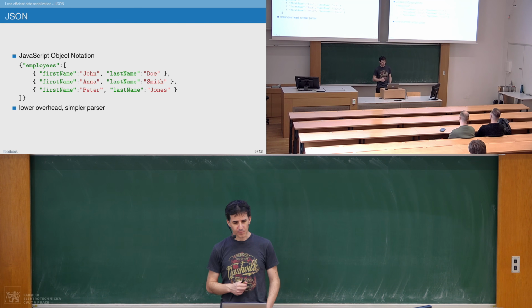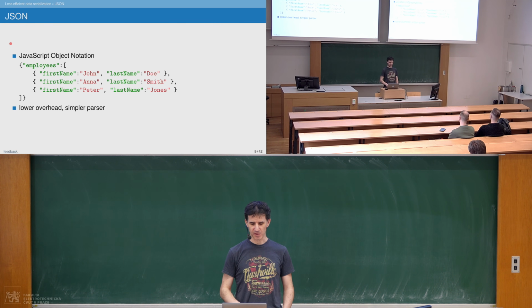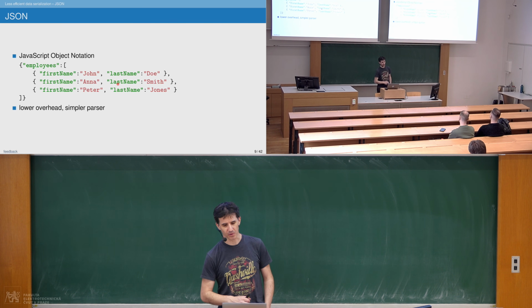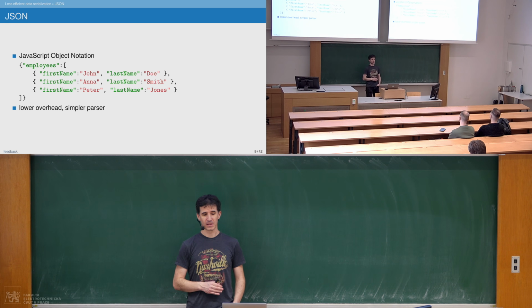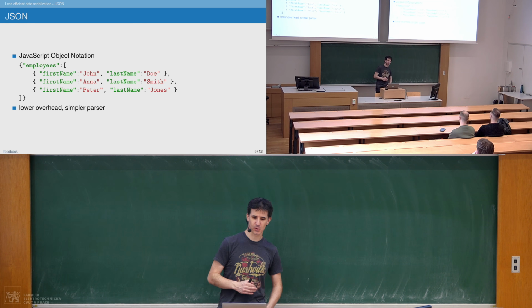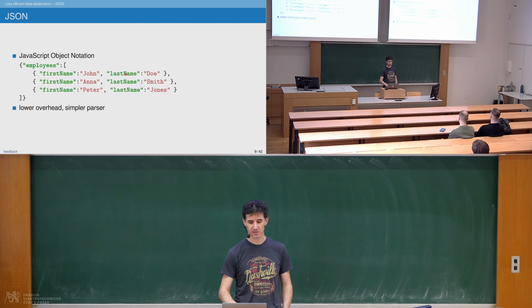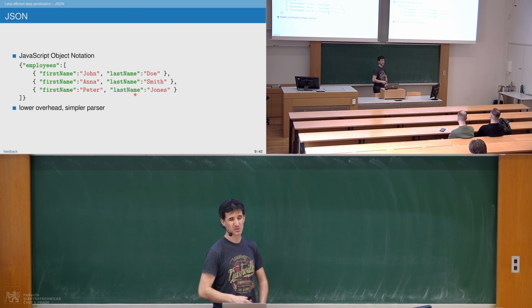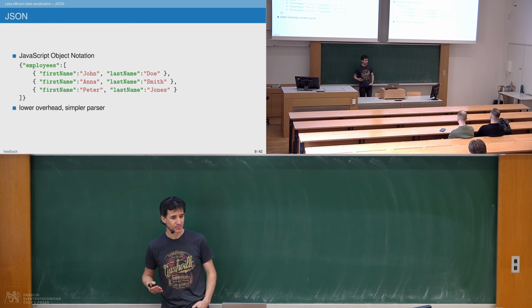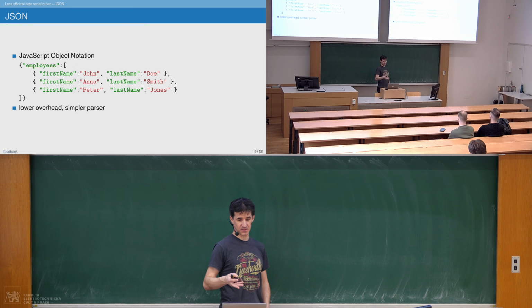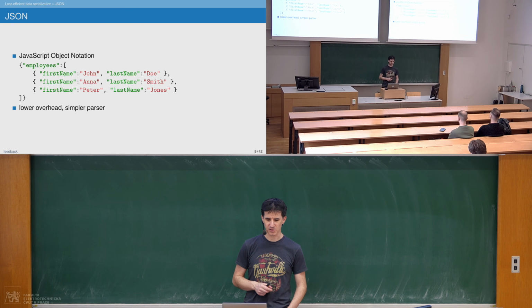As you can see, if we want to encode the same information as before, it's a bit more concise, but still the overhead is quite high because we have to repeat first name for the first time, second time, third time, last name, first time, second time, third time. So there is still some overhead, at least in space.